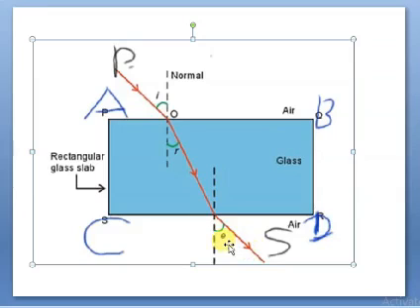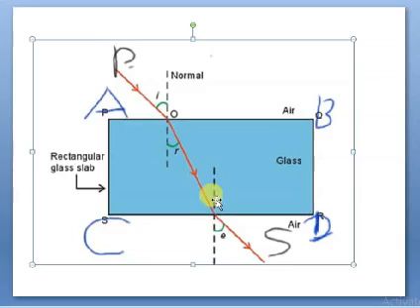So you can see that the ray of light moving from air, the incident ray, on getting to the boundary between the air and the glass, it will be refracted towards the normal, as we have said. Now the angle of incidence is angle I. Then the angle of refraction is angle R.